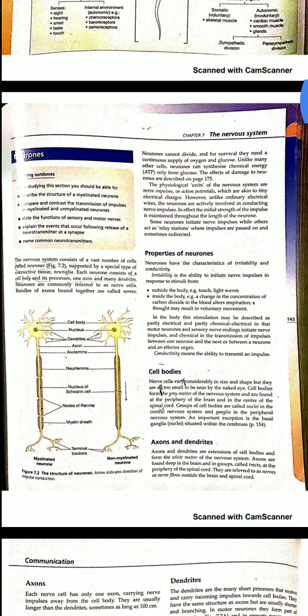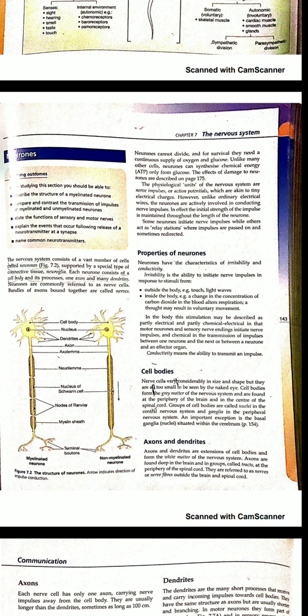Further, talking about the properties of neurons, neurons have the characteristic ability to initiate nerve impulse in response to stimuli from outside the body, for example touch, light waves, or inside the body, for example a change in the concentration of carbon dioxide in the blood altering respiration, which may result in voluntary movement.